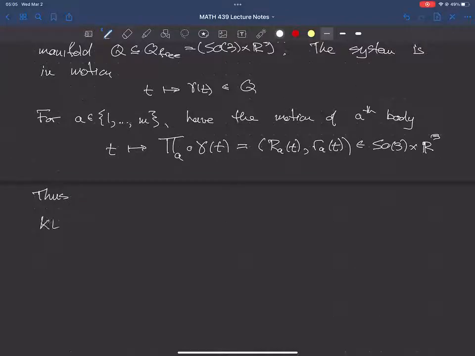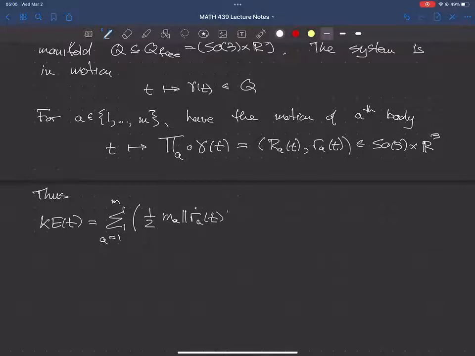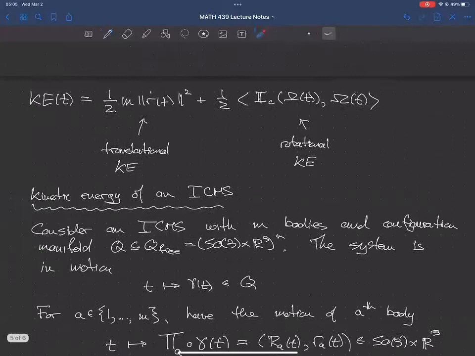So we have KE of t, and I'm going to think of the kinetic energy as a function of t, and it's just going to be a sum of the terms just like I had here.